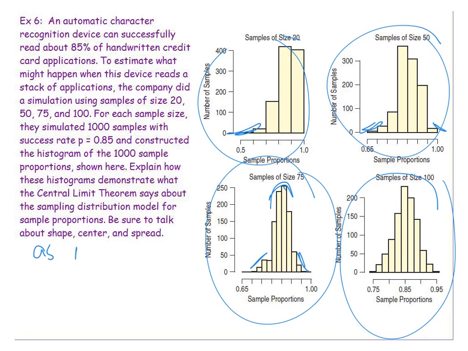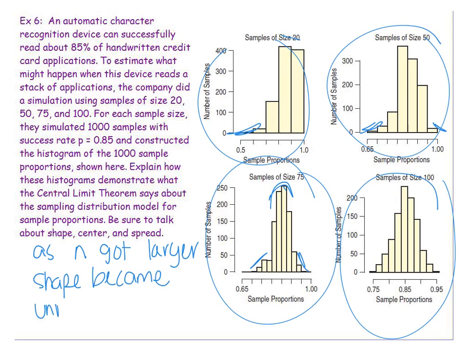As n got larger, and remember n is the sample size, the shape became much more unimodal and symmetric. Or in other words, it became much more normal.